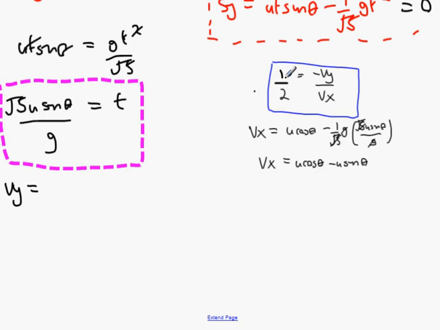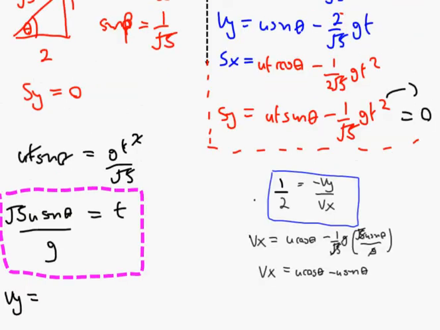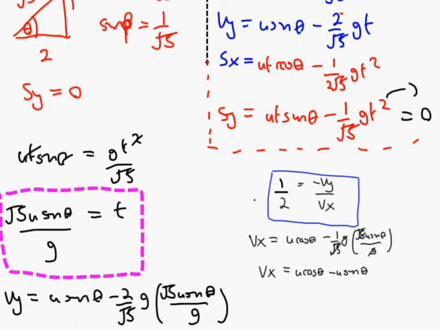Now, next thing, phi y. What's phi y? U sine theta minus 2 root 5. Now we gotta put t in there as well. Root 5 u sine theta all over g. Once again, let's see what cancels.